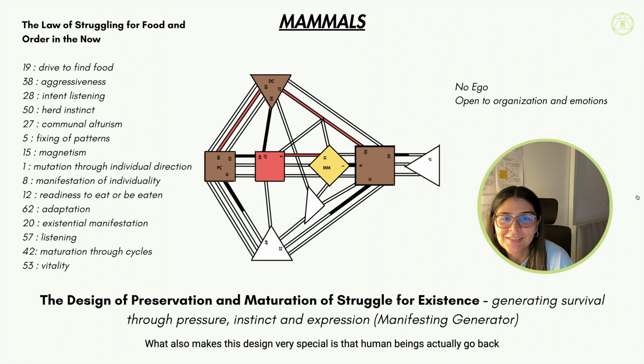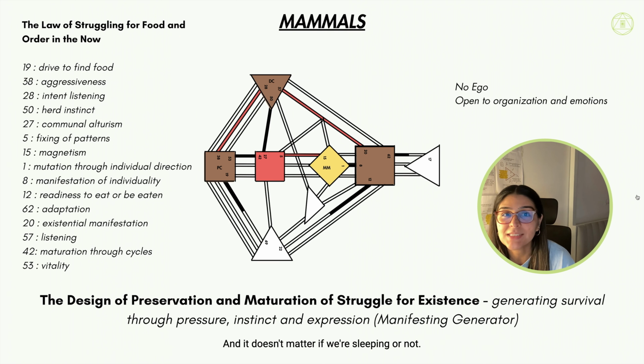What also makes this design very special is that human beings actually go back to the mammalian construct that we see in front of us when they are horizontal. And it doesn't matter if we're sleeping or not.